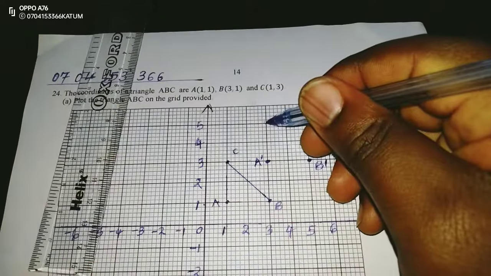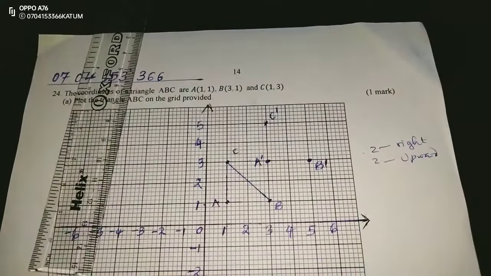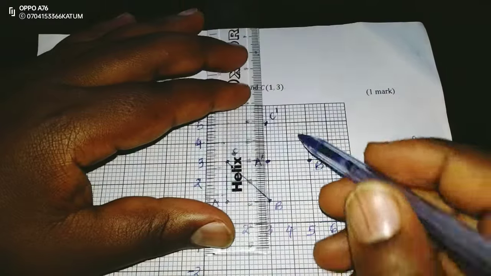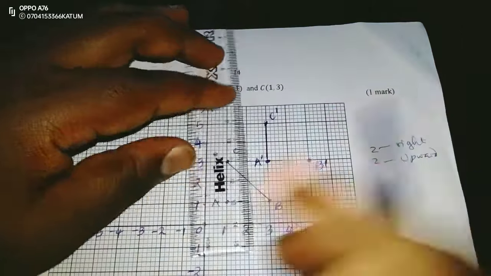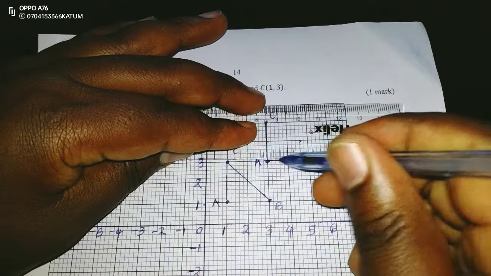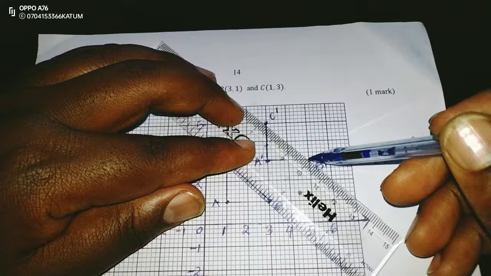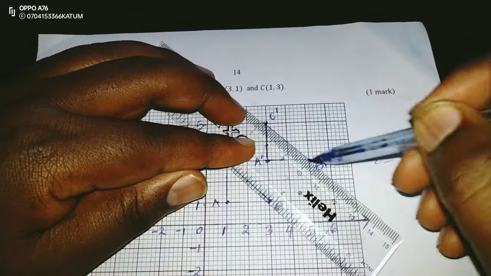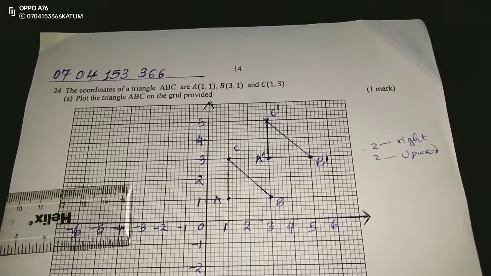So that is where C' is going to be. Again, I connect the points using a straight ruler to get the triangle. Yes, that is now the translated triangle.